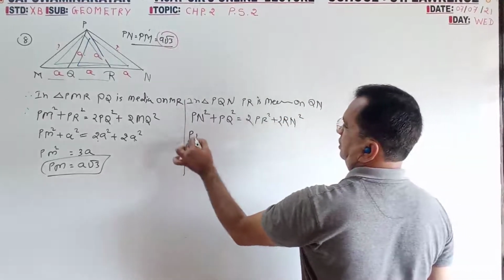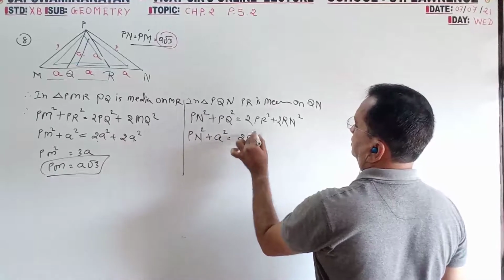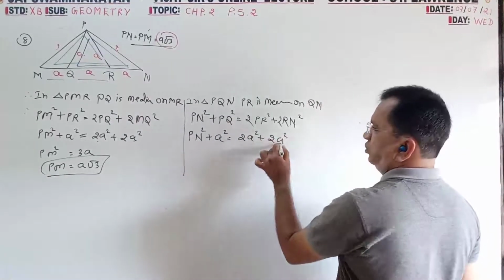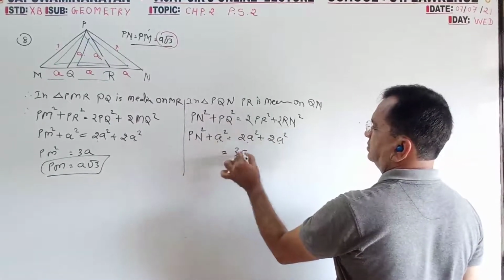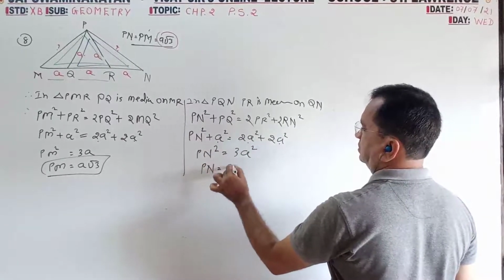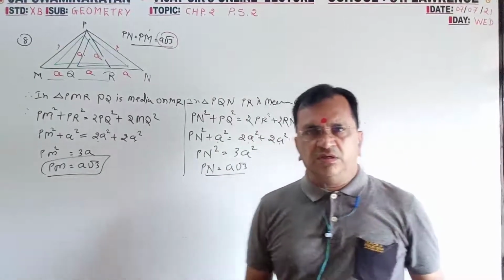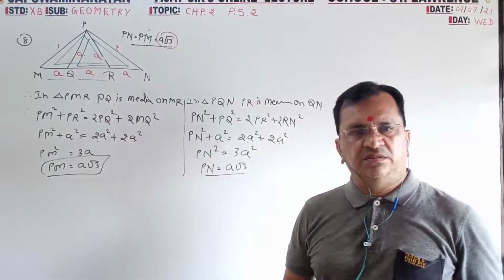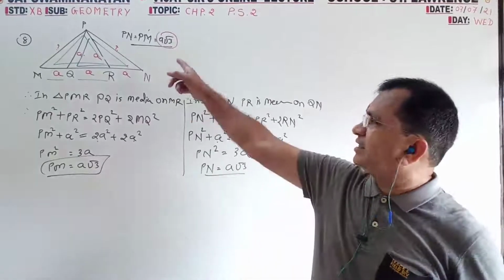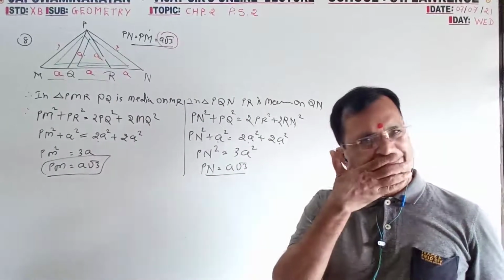This is not given. Rest of all are A square. 2 plus 2, 4 minus 1. So now both are equal. Hence it is proved that both are A root 3. Understood?